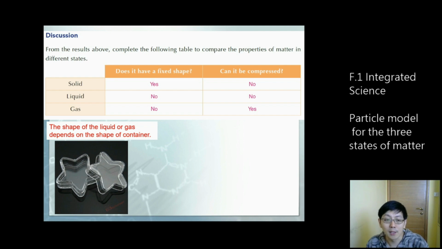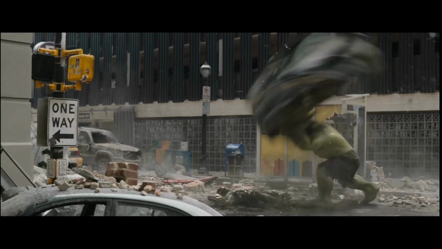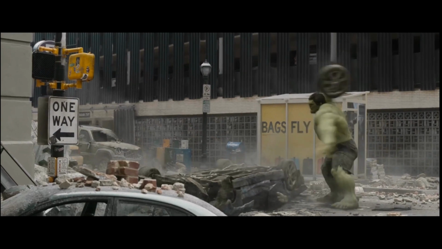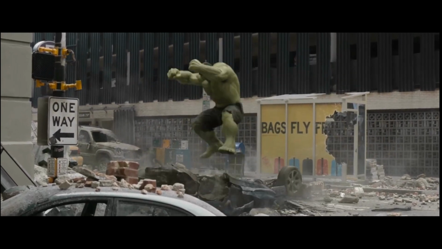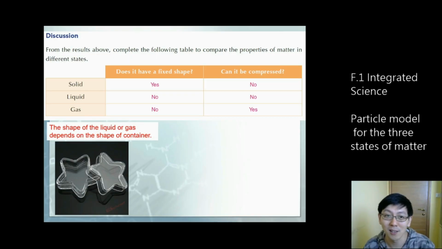What is the true meaning is the shape of the liquid or gas depends on the shape of the container. If you use a star-shaped container, it becomes star-shaped. If you use a conical flask, it becomes conical. If you use a cylinder, it becomes cylindrical. It doesn't mean that it can't have its shape changed. It's not unchangeable. Try hitting a car with a hammer, and you'll see it deforms. So how about the next one?